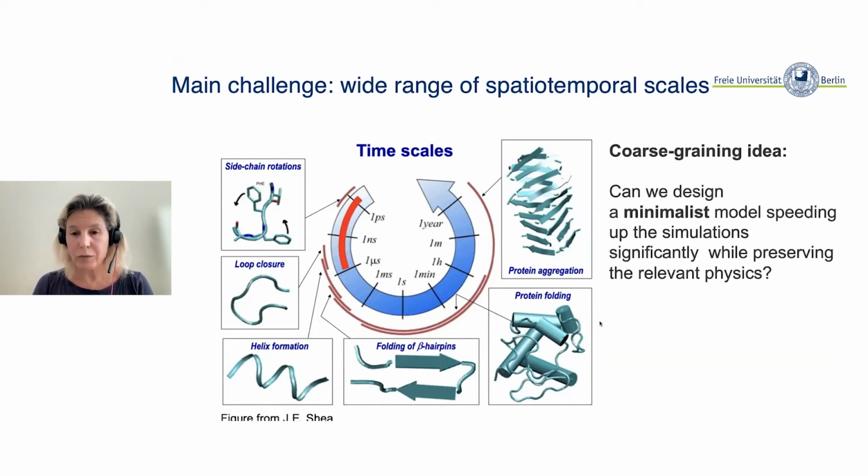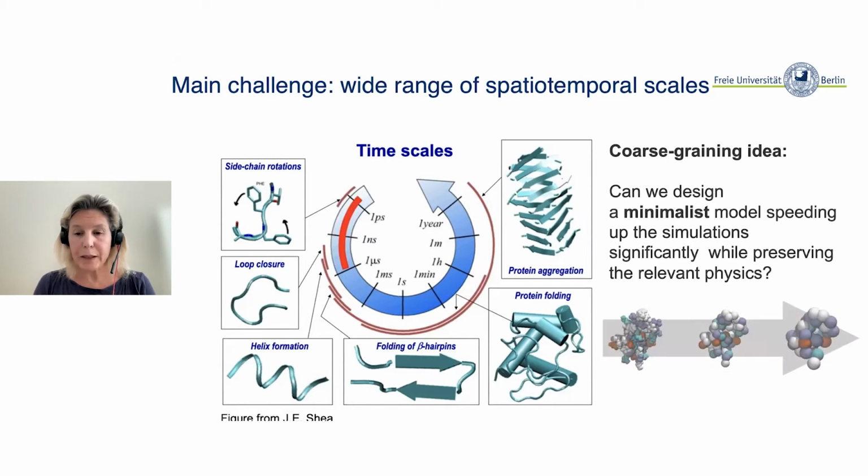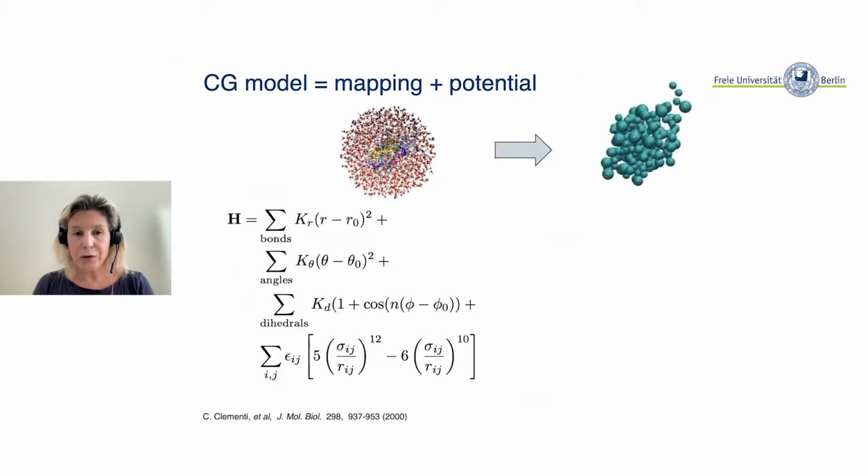Of course, this cannot be just an ensemble average, because these systems are very heterogeneous. So we need some smart way of averaging, and we want to do it at different resolutions.